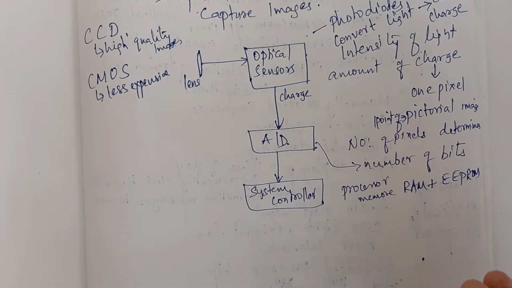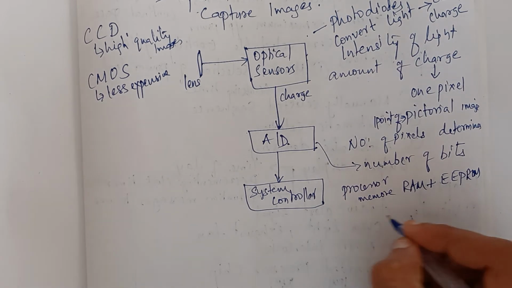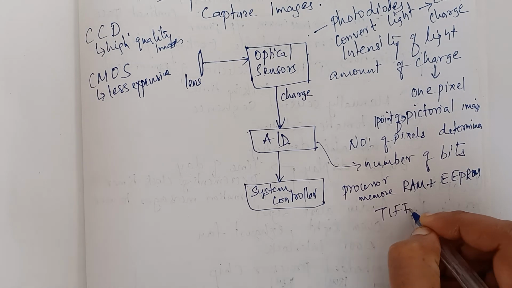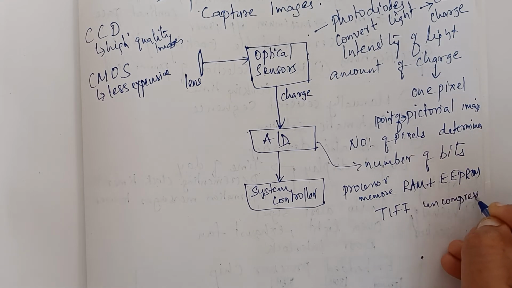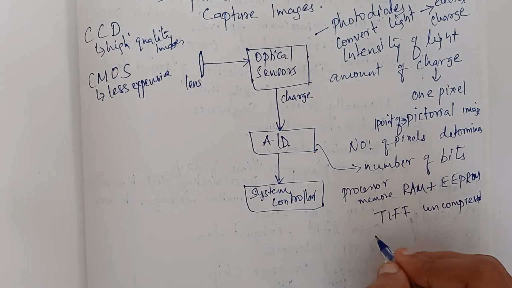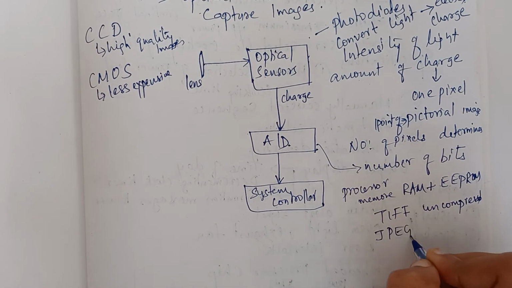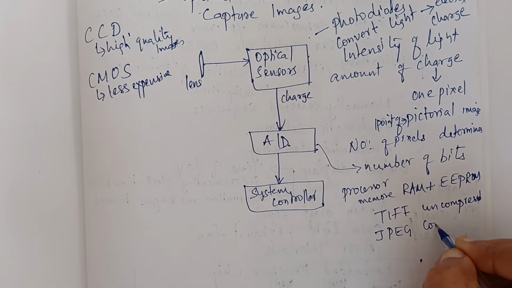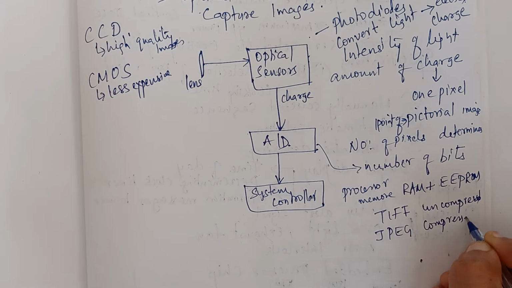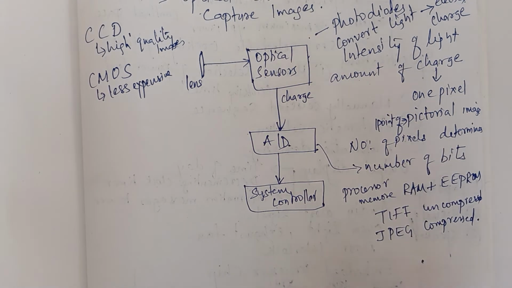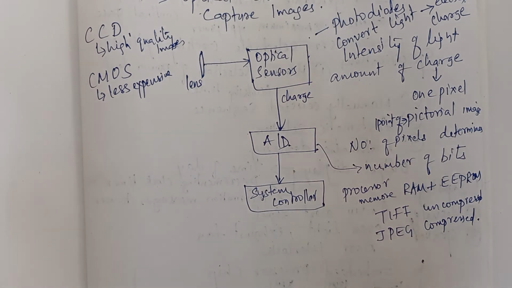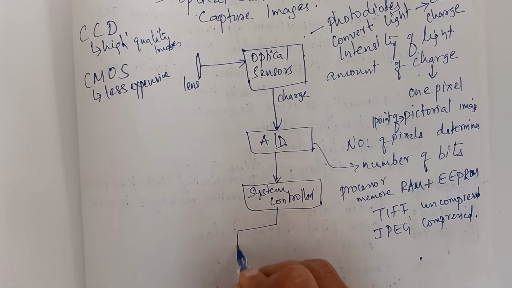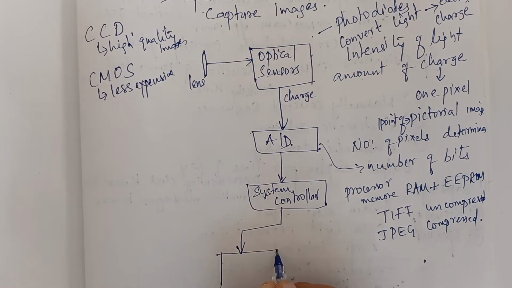The main formats used are TIFF for uncompressed images and JPEG, our usual format, for compressed images. Okay. See, the processed images will be stored in large image storage devices. That means the system should have an image storage.